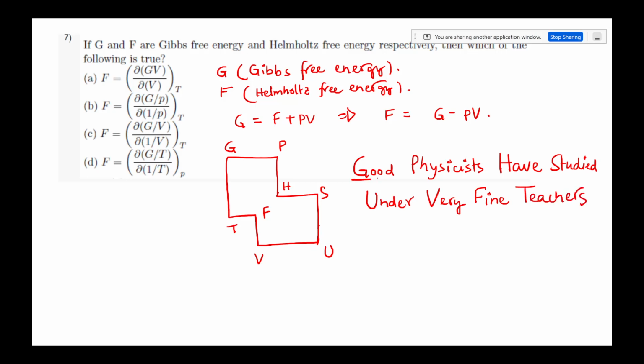So these are the different potentials, like Gibbs potential, Helmholtz free energy, different free energies, F and T.